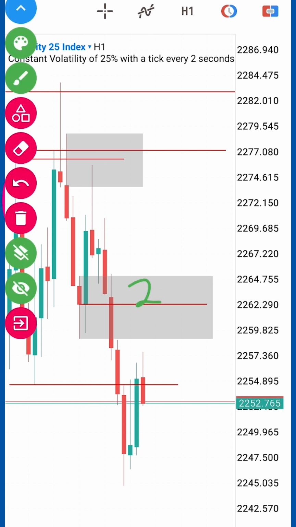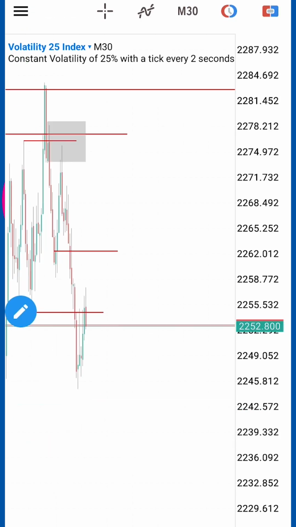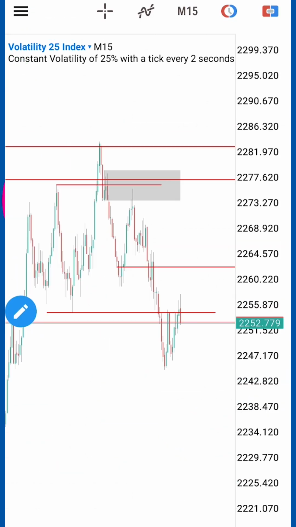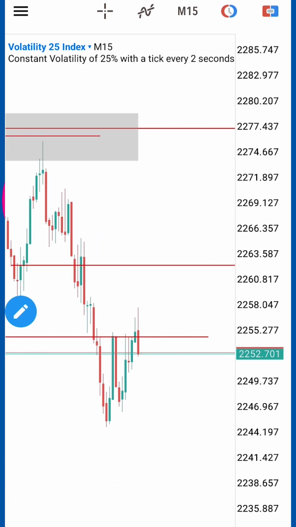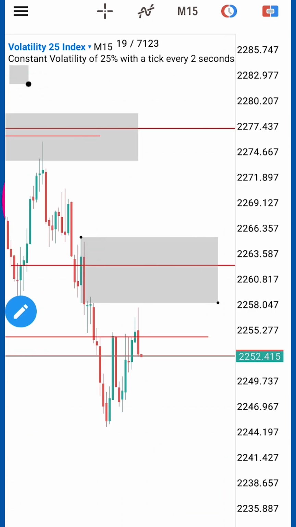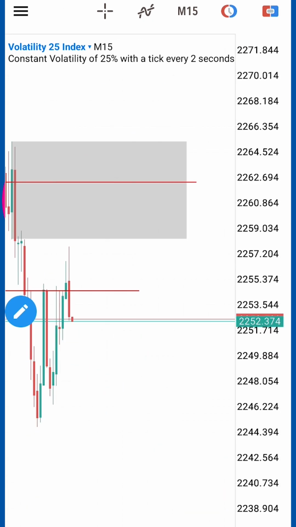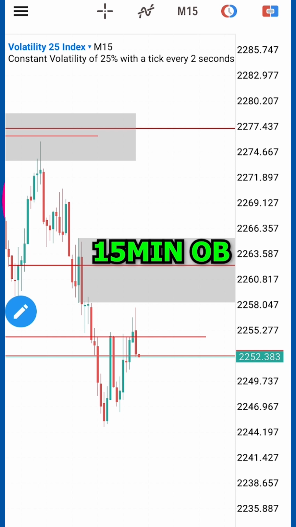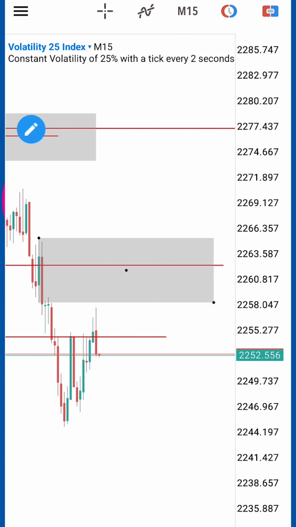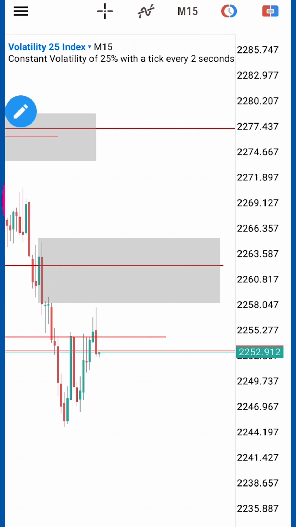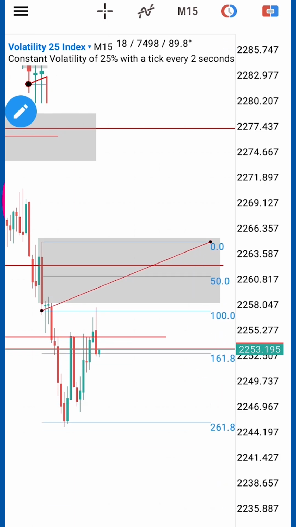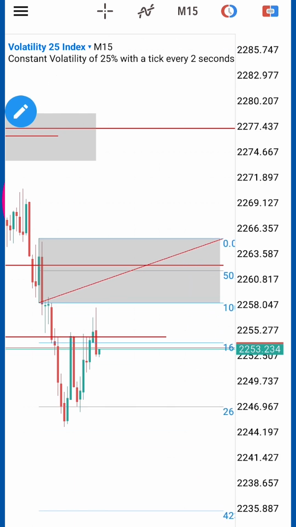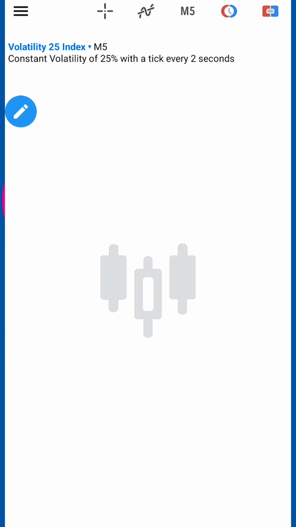So there are two confluences there, and it's going to be super sensitive right there, and you want to sell at that level. On the 15-minute, you can see there's also another confluence of the 15-minute order block right at that level, and it just stacks up our confidence, making us know that we have to sell right at that level or zone.